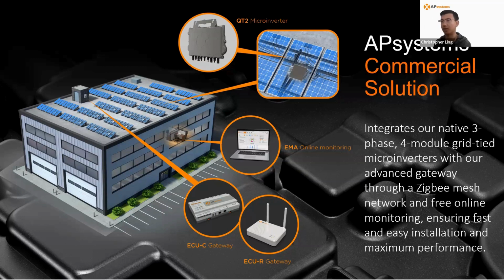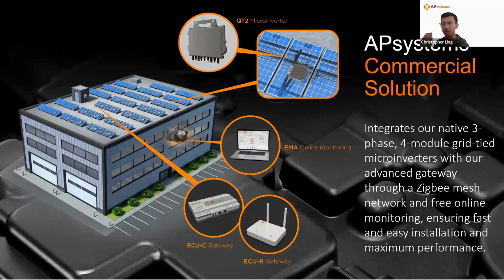We've been doing this sort of architecture for quite a while. And the beauty of this product is that it's a 4-to-1 microinverter that allows you to do a native three phase. Normally, with a single phase inverter solution, if you have three phases, you have to put one on each branch and you have to balance it.